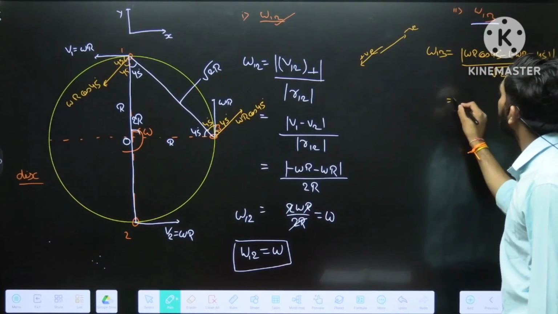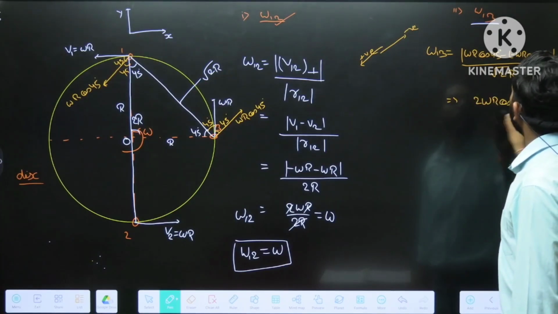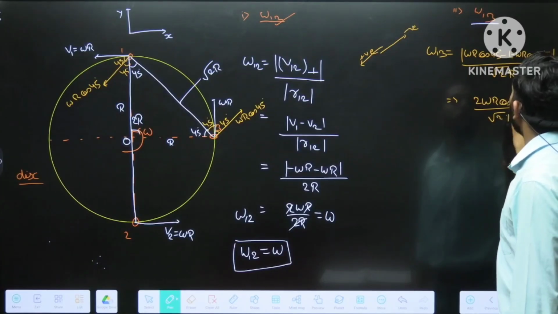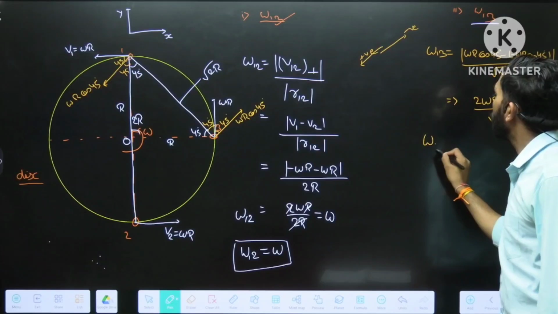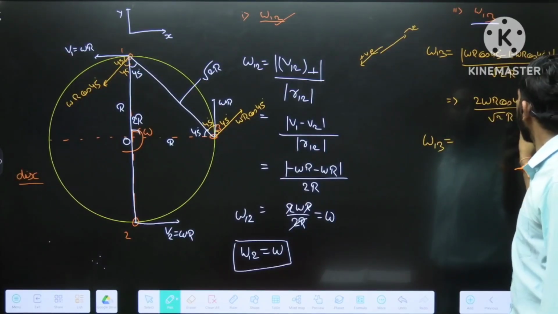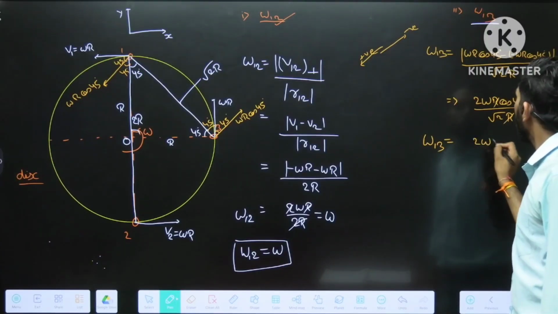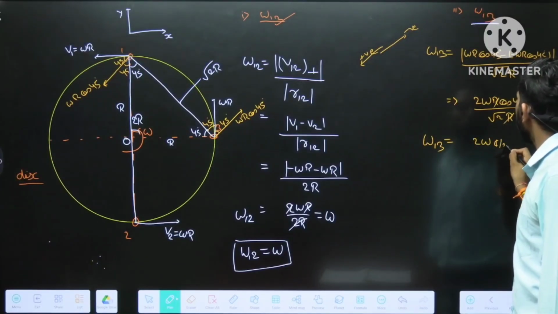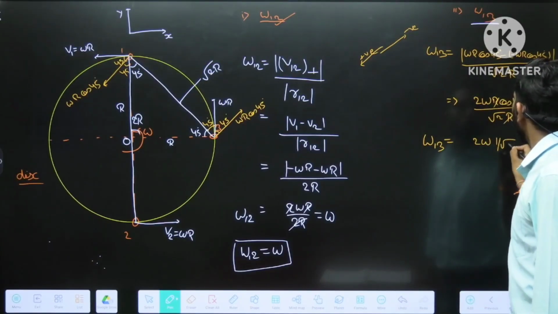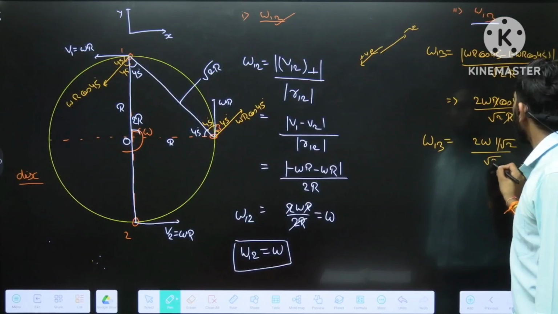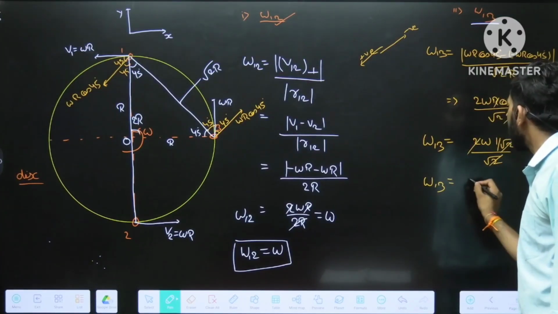From here we are getting 2 omega r cos 45 degrees divided by root 2 r. The r cancels, and cos 45 is 1 by root 2, divided by root 2, so this is also cancelled. We are getting omega of 1 with respect to 3 is equal to omega.